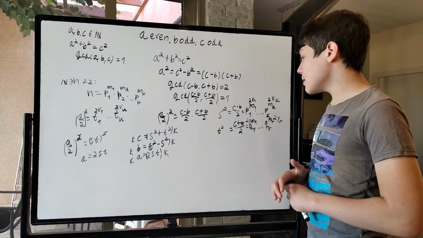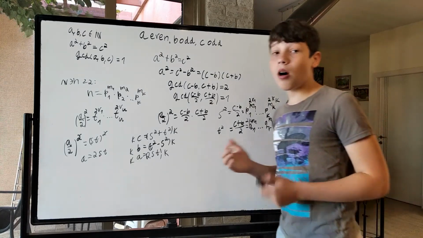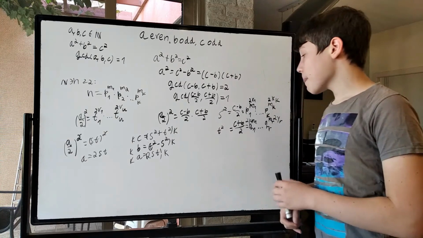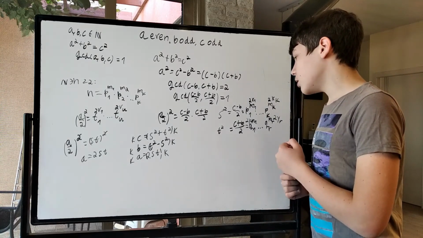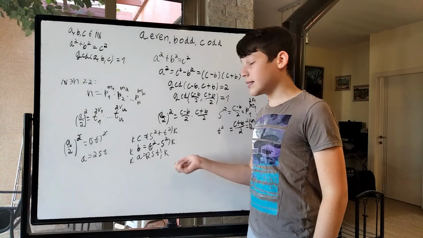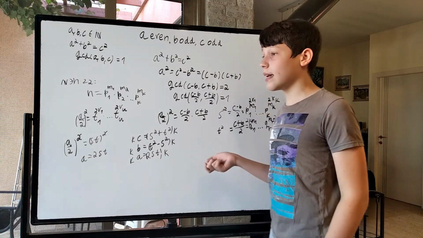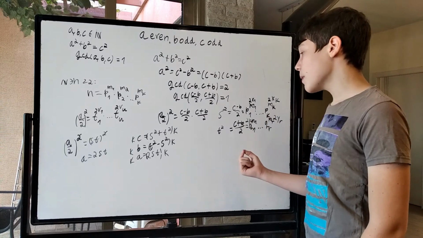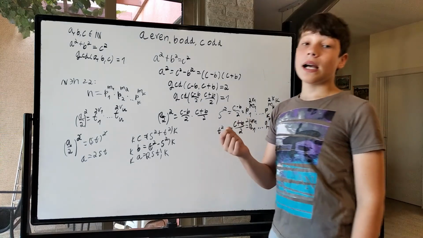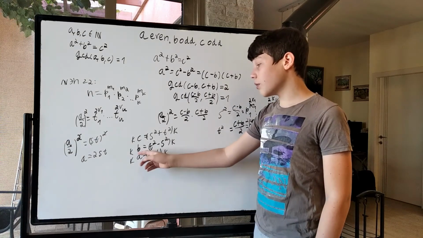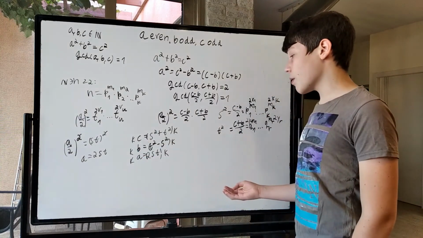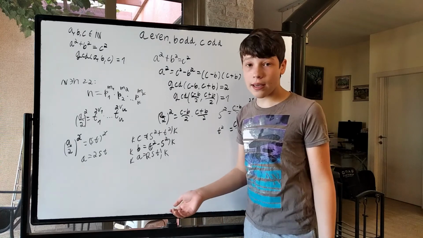All we need s and t to be are whole numbers, because if s and t are both divisible by 2, then it would be the same as taking a primitive one that is all of these divided by 4 and then multiplying them by 4k.